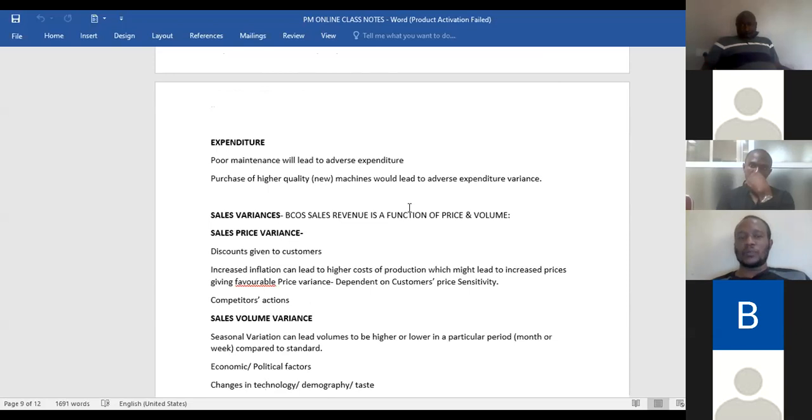We broke fixed and variable production overheads into expenditure and efficiency. And then we said our fixed overhead variance can be broken down into volume and expenditure. However, the volume into efficiency and capacity. And I said that capacity variance is the least rational one amongst all the variances we are discussing, because the capacity variance basically measures the capacity, the amount of time that is used.